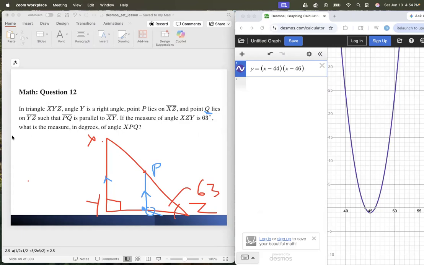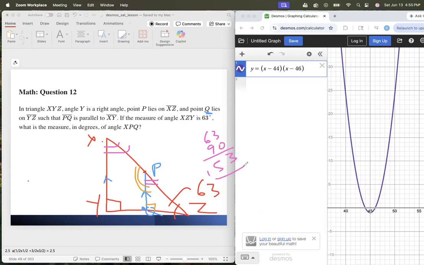What is the measure of the angle XPQ? So you want to measure this angle, right? I know this has to be 90 degrees because this is parallel to that. And I know this angle is the same as this angle. If this is 63 and this is 90, this is 153.